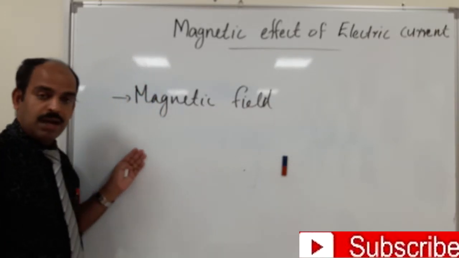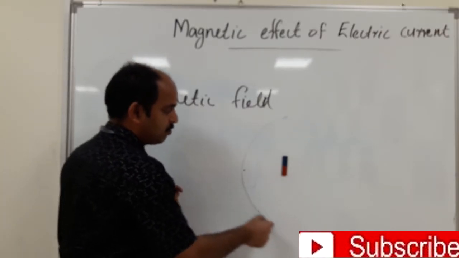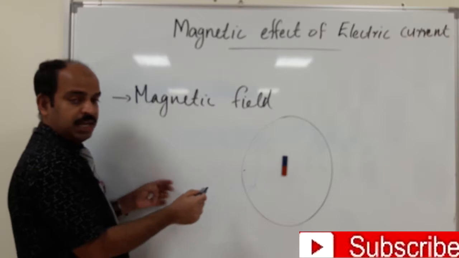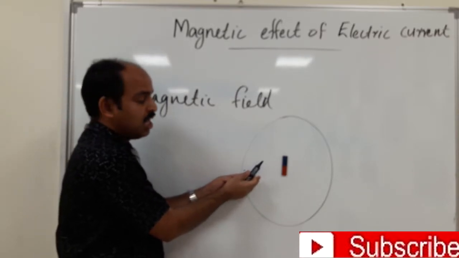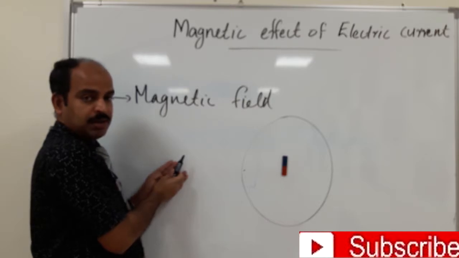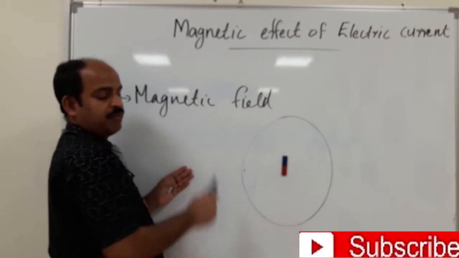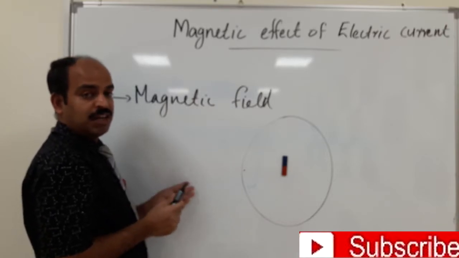If you keep it far away, nothing will happen. So the space around the magnet that exerts a magnetic force is what is called a magnetic field.